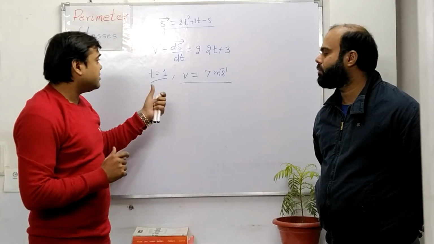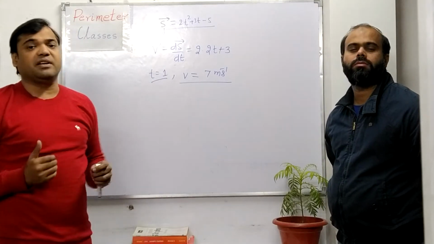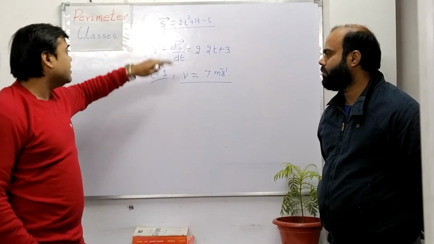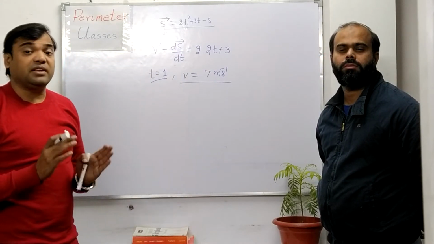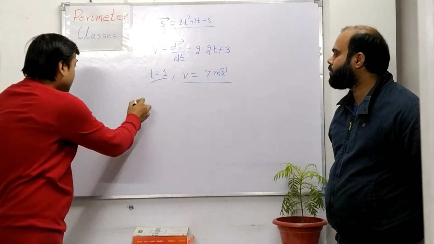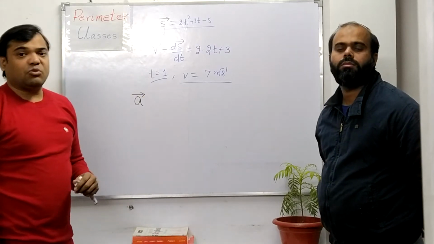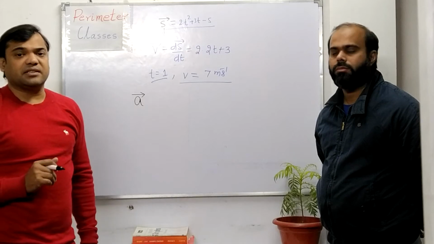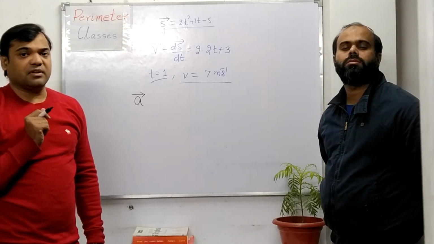This is not everything that we have learned about differentiation. There are various applications of differentiation, in a similar way to how we discussed instantaneous velocity. We can also calculate other important functions of physics, like acceleration. What is acceleration? Acceleration, as we have learned in 8th, 9th, 10th class, is simply change in velocity upon time interval.